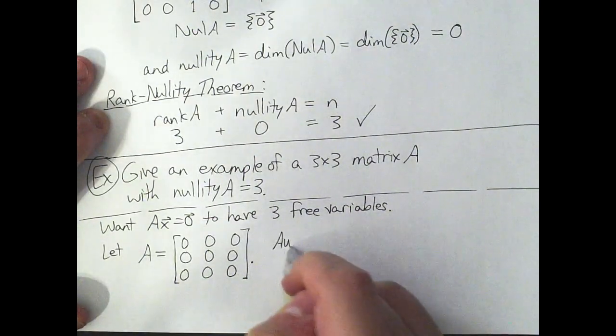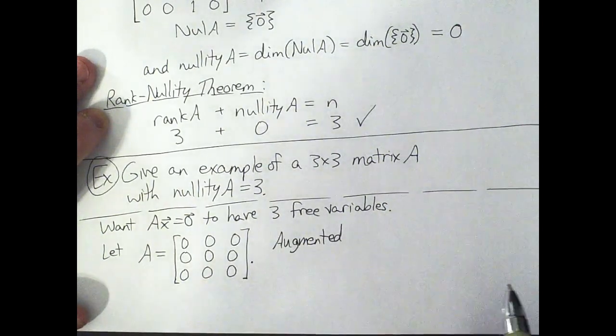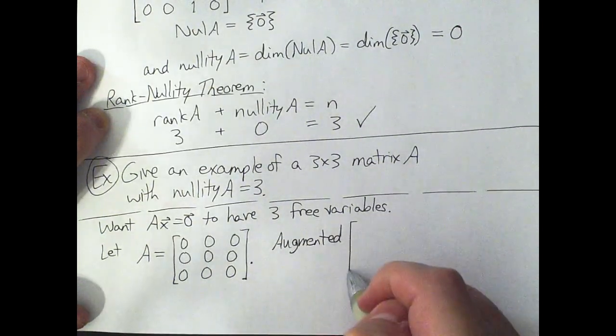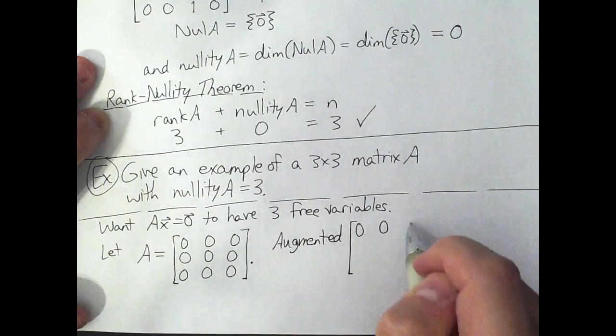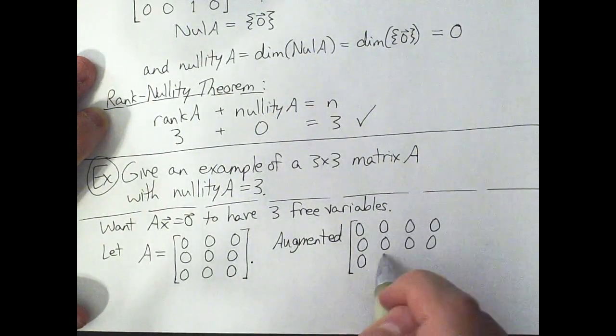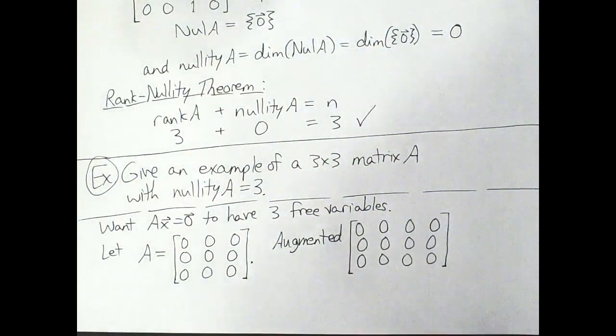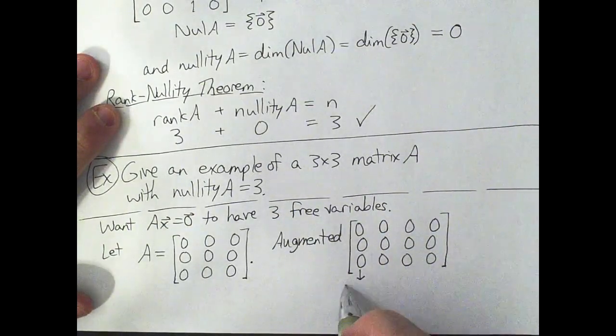Let's set this up as an augmented matrix for the system, as if we were about to row reduce, but I don't think there's actually going to be any row reduction. You say, oh, look, there's nothing to row reduce. This column is telling me that x1 is free.